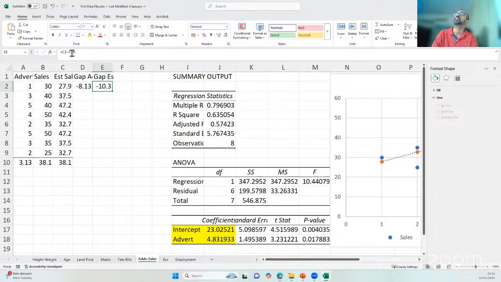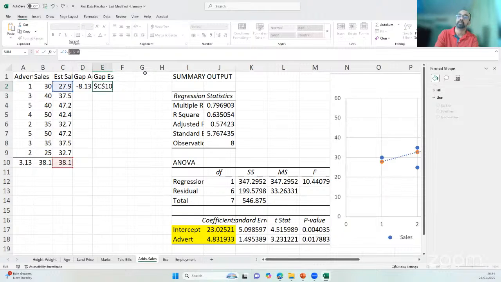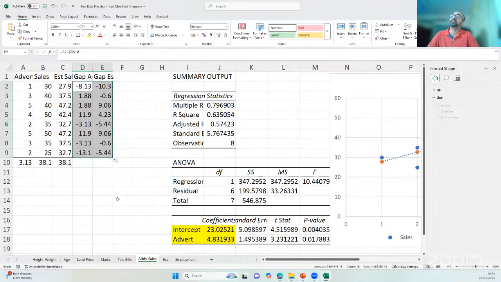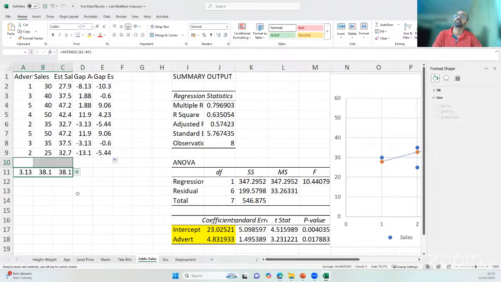For this one also, I click here and press F4 and enter. Now I copy this down. You can see there are positive and negative values, and if I get the sum here, this is the mean. So I will put it in the next column. So here we have the sum.